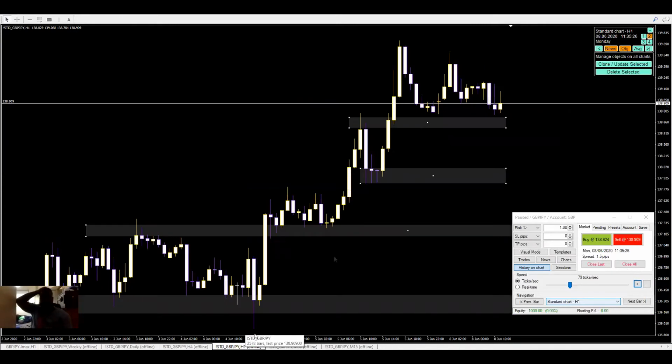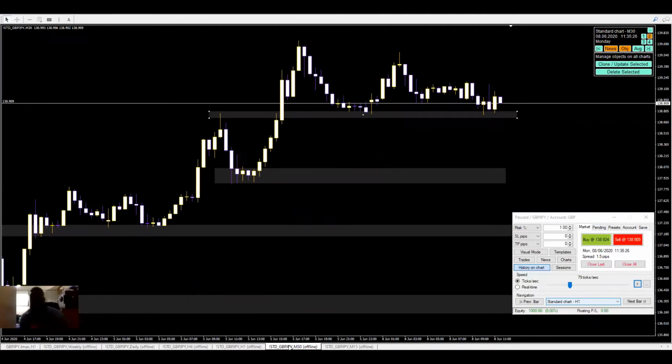Looking at the H1, it doesn't look pretty, if I'm being real, but we have about 25 minutes left in this hour. We could come up and break this previous high that was created, but I'm just trying to see if we can execute some trades here on the simulation.